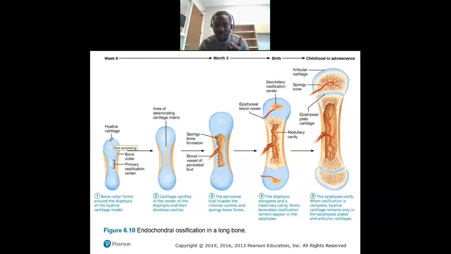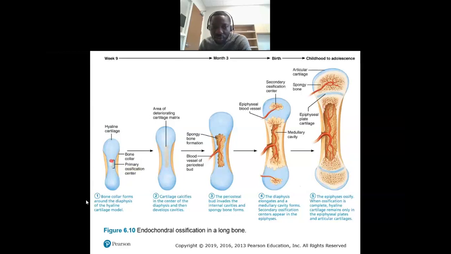The cells of the cartilage are chondroblasts, the immature cells, and the mature cells are chondrocytes. Now, again, there is an existing cartilage, and that's why we call it endochondral ossification. The first thing that is going to happen is that the primary ossification center is going to form, which is what you see there.